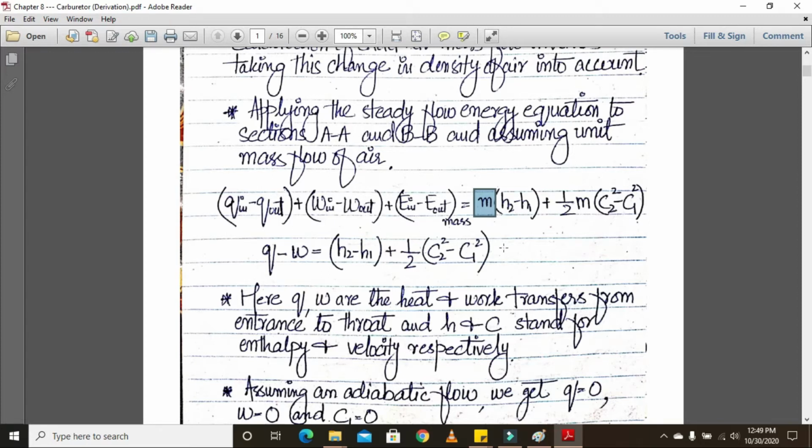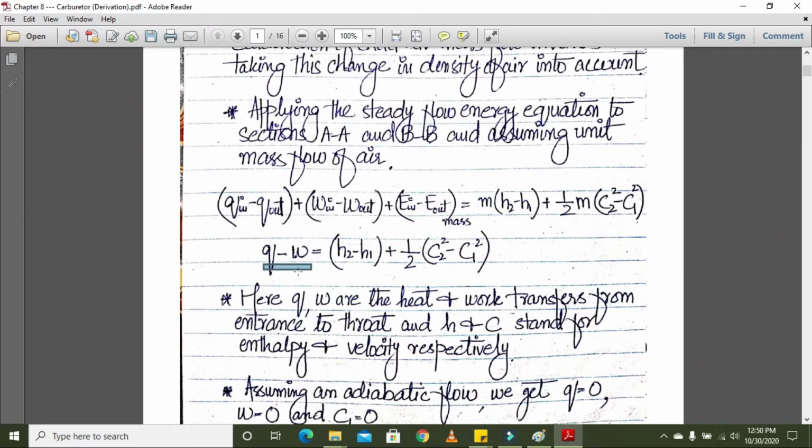But in the next step the mass is not present, because we have simply sent this mass to the left hand side, and instead of having heat energy or work energy, we basically had energy per unit mass.